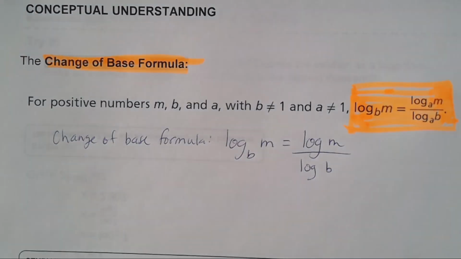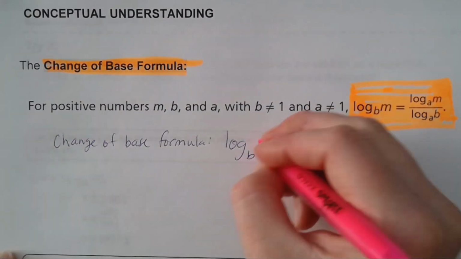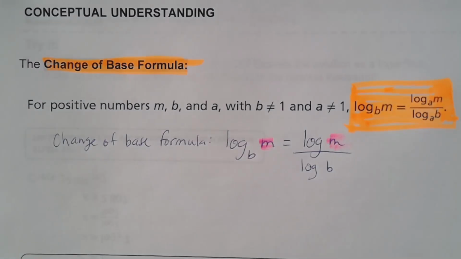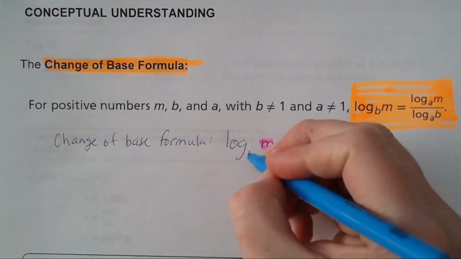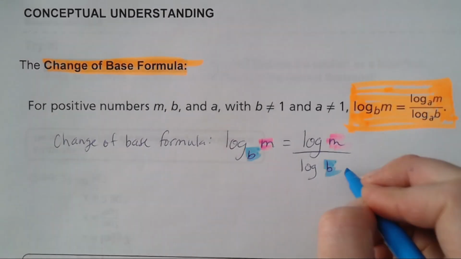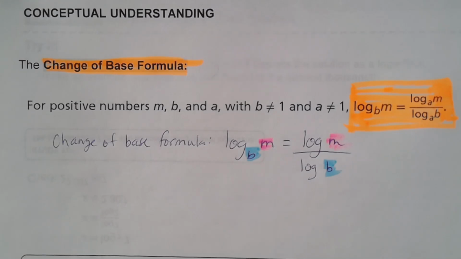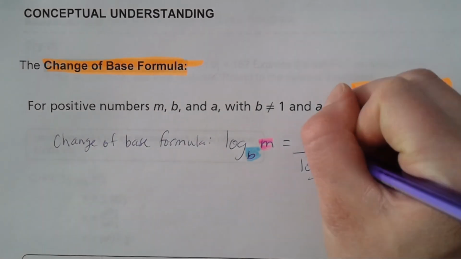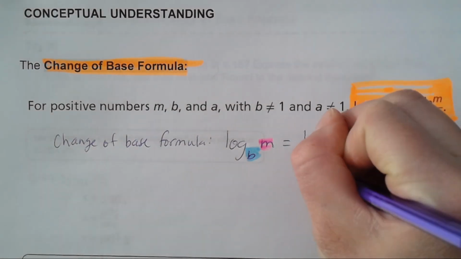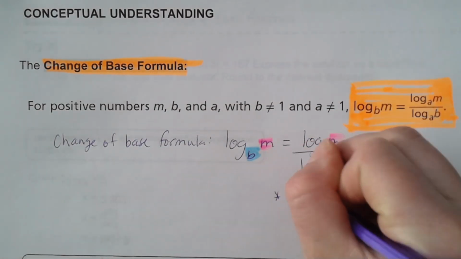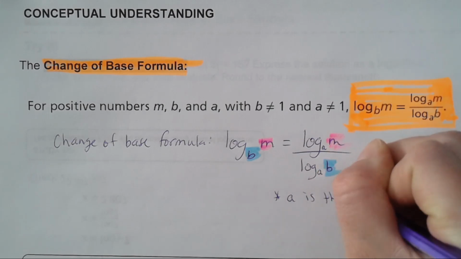So I'm going to show this. M goes to the top. I want you to think b as in base is the bottom. Now this can be with any base. So I'm going to put a little a in here, and a is the new base.